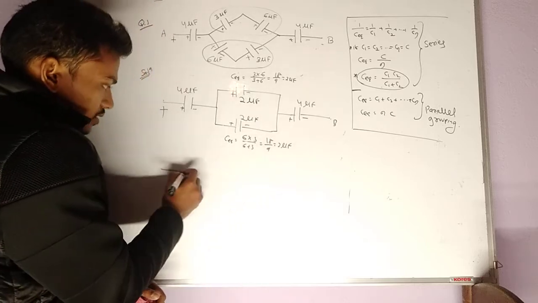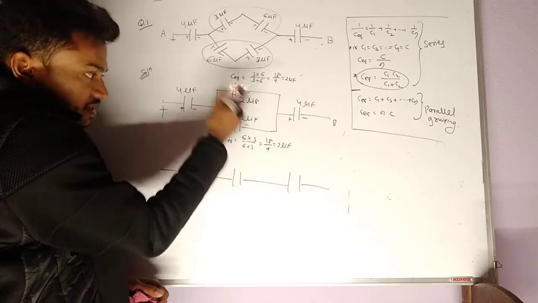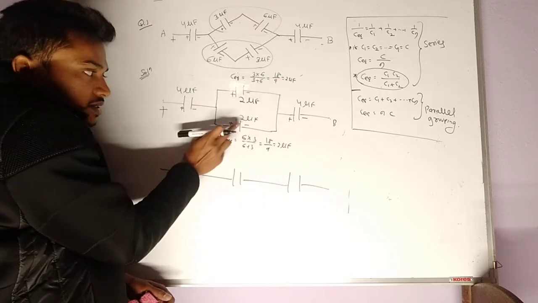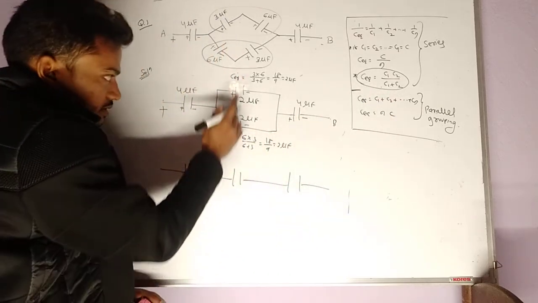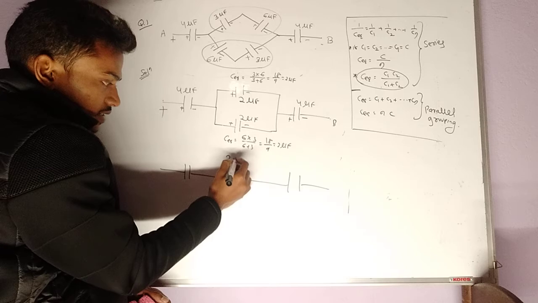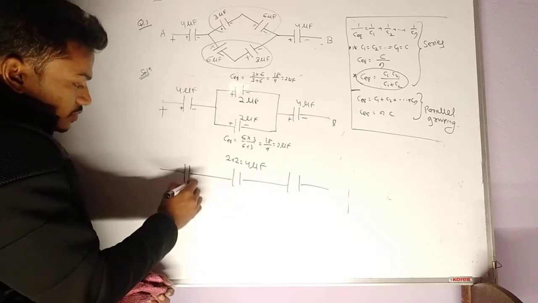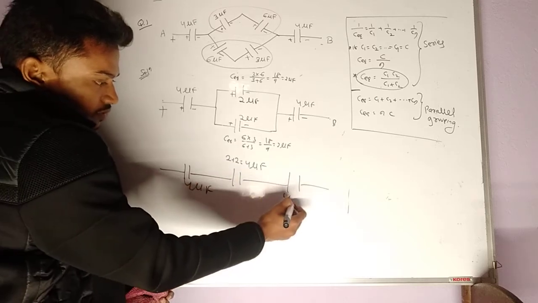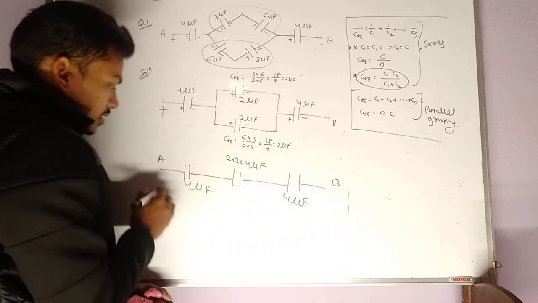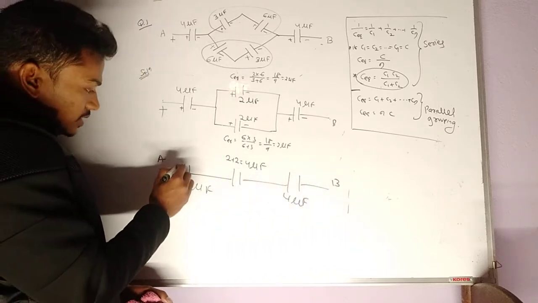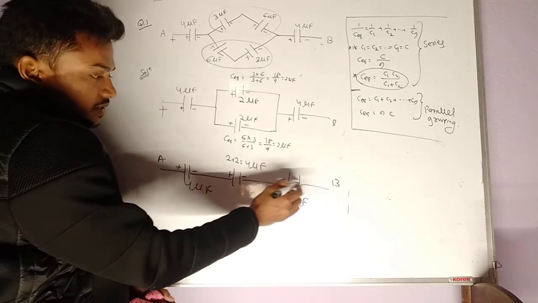So its equivalent capacitance will be this 2 microfarad and this 2 microfarad are in parallel, so they are simply added. 2 plus 2 is equal to 4 microfarad, and this is 4 microfarad, and this is 4 microfarad. Okay, this is A terminal, this is B terminal. So A terminal is positive, so this is plus, and after that minus, plus, this is minus, this is plus and minus.